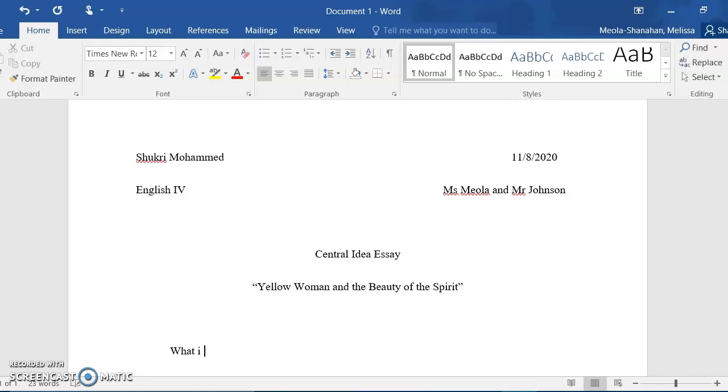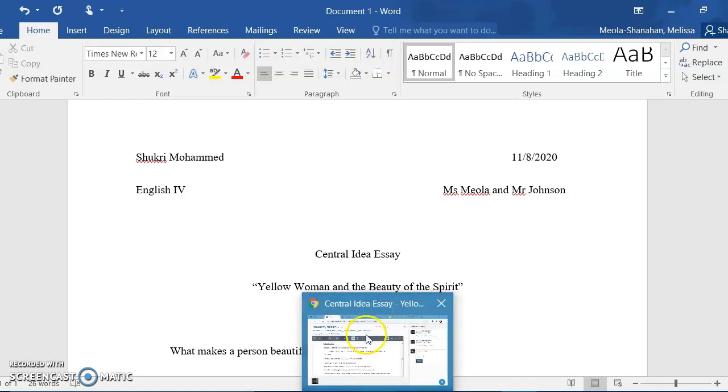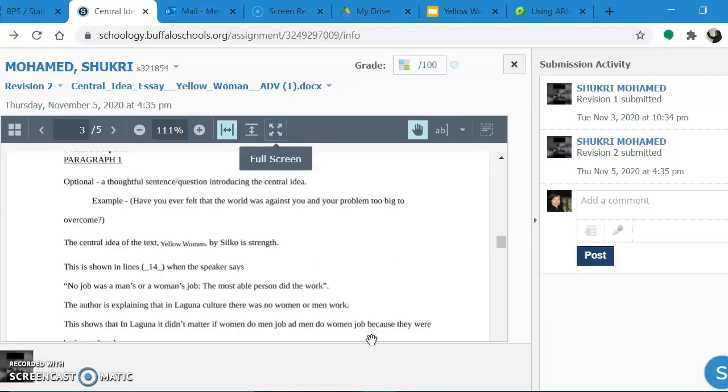Or you might say, what makes a person beautiful? There's a number of different questions you can ask. What is beautiful in your culture? What do you think makes someone beautiful? How is beauty defined? Any way that you can think of to introduce the idea of beauty.